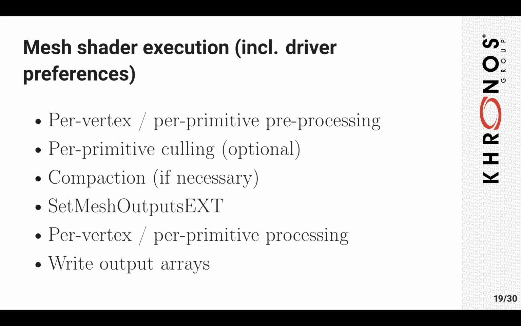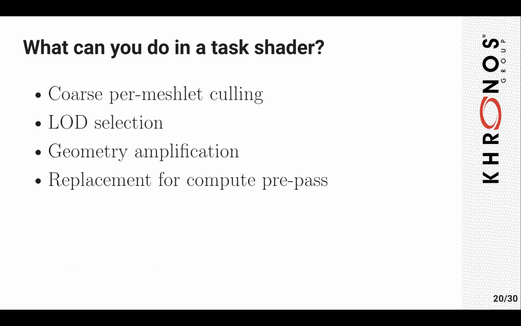After that, you can do some compaction if the driver wants that. And finally, you specify the number of outputs and then process the remaining ones and write the output arrays. So basically, before the compaction, you would process the primitive topology. And after that, you would process the remaining other output attributes.